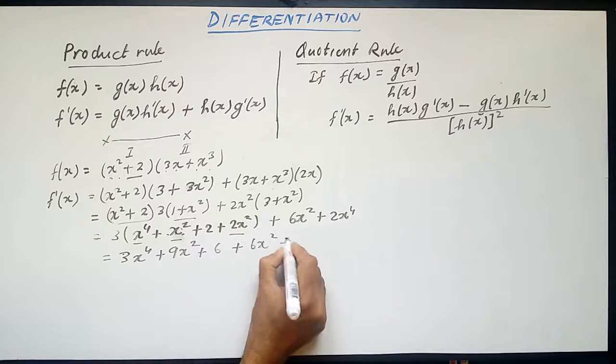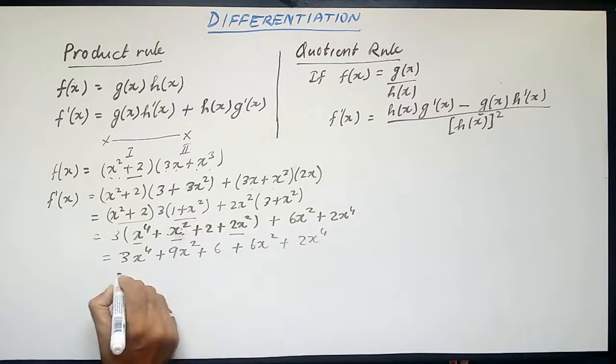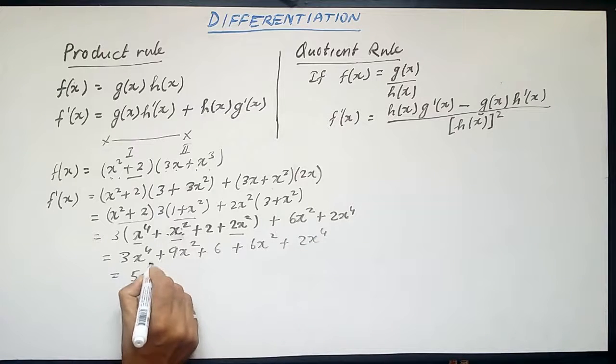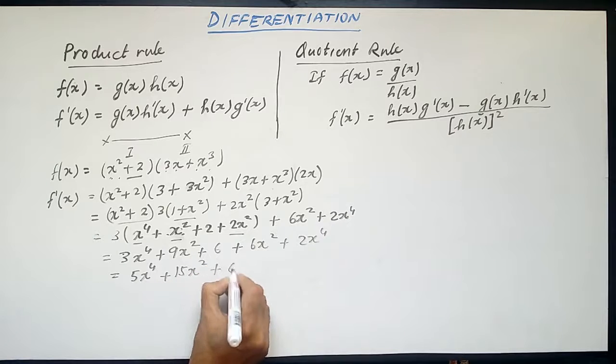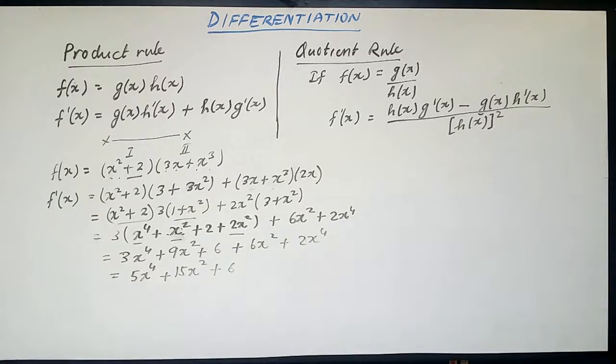The other part is 3x squared plus 2x to the power 4, which gives us 6x squared plus 2x to the power 4. Ultimately we get 5x to the power 4 plus 15x squared plus 6.